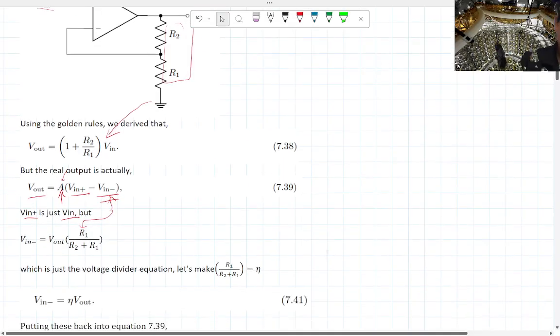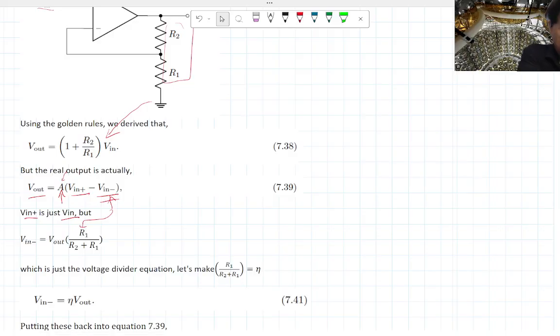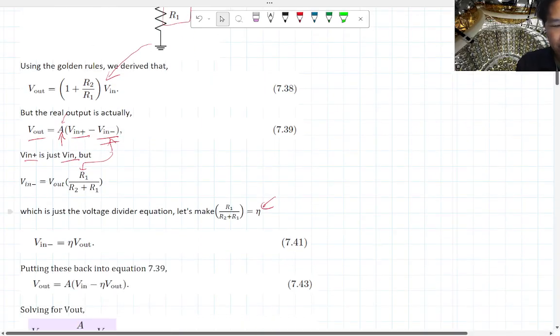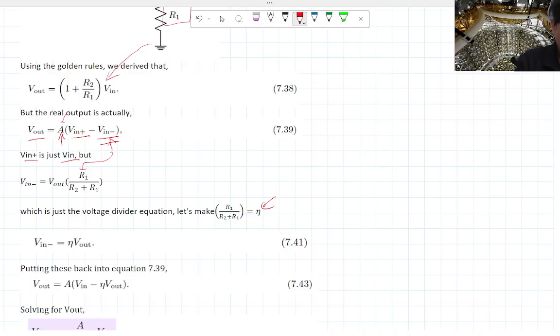Okay, well, if we want to calculate gain, we need to move all the Vouts to one side. We're going to use this ratio of R1 over R1 plus R2, which is the voltage divider equation, right? I'm going to use that so much that we'll do a substitution and just call it eta. Okay, so doing that substitution, basically this just becomes eta.